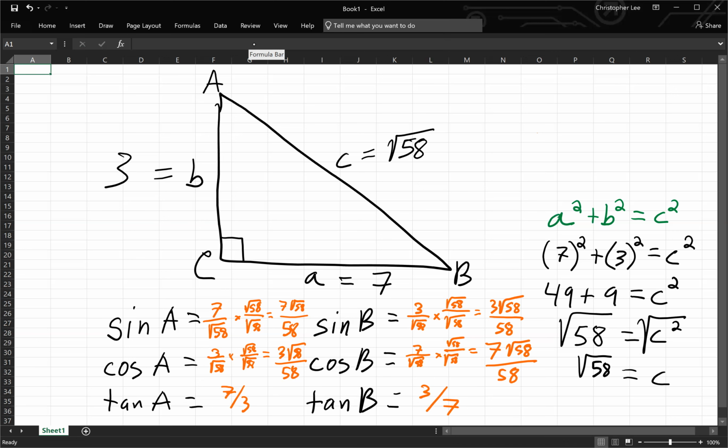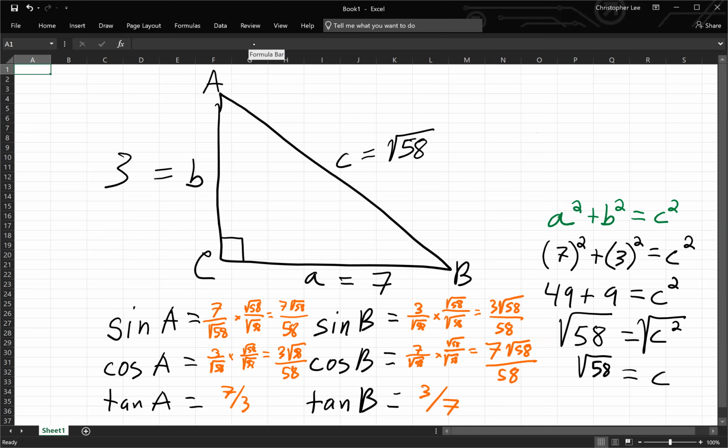Yeah. Plug it in. In what way? You plug in which ones? And this is 7 square root 58 over 58.